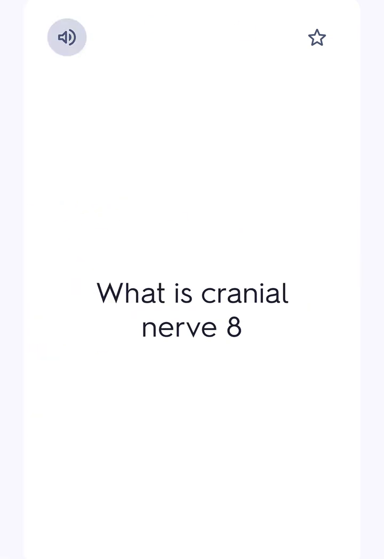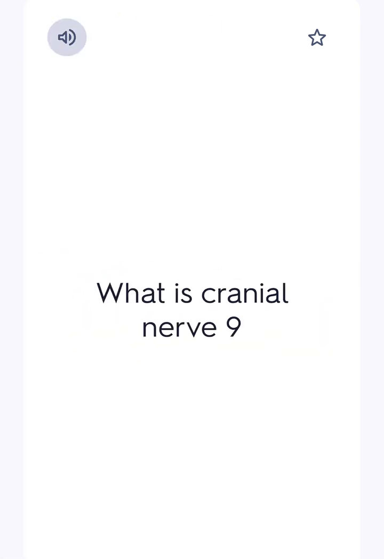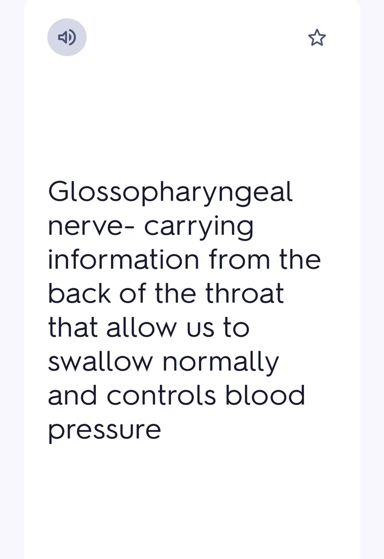What is cranial nerve 8? Auditory nerve, controls hearing and balance. What is cranial nerve 9? Glossopharyngeal nerve, carrying information from the back of the throat that allows us to swallow normally and controls blood pressure.